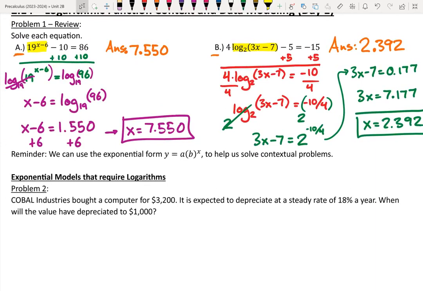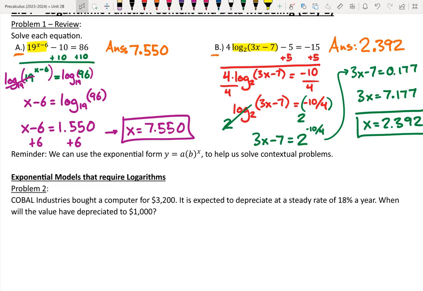So again, we practice this, and we're going to continue practicing solving exponentials, solving logarithms. We solve an exponential by using logarithms to undo it. We solve a logarithm by using exponentials. That is how we undo those. They are inverses of each other, just like if I have subtraction, I undo subtraction by adding.